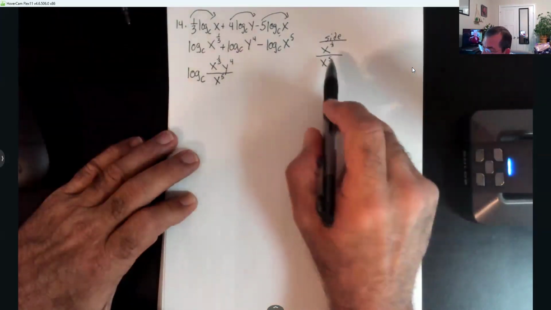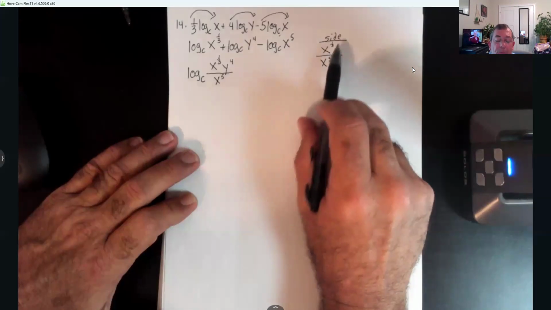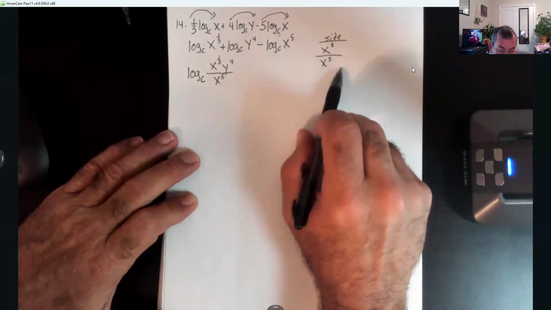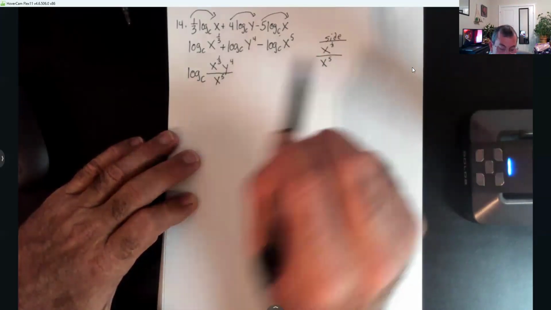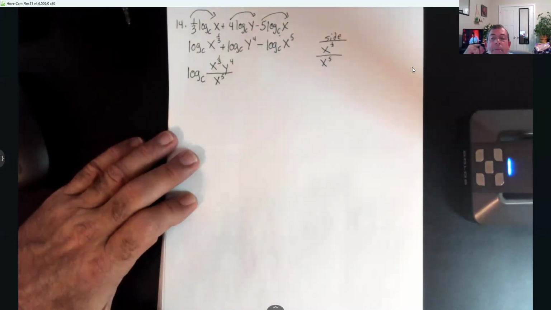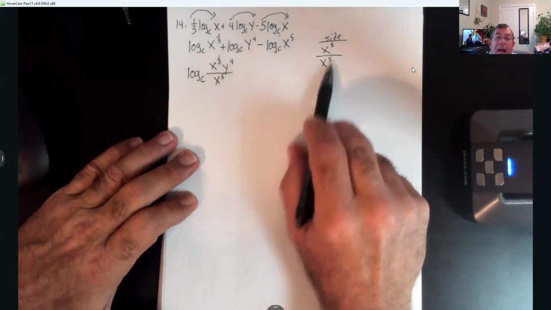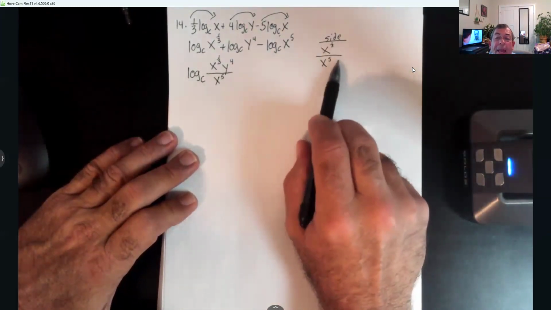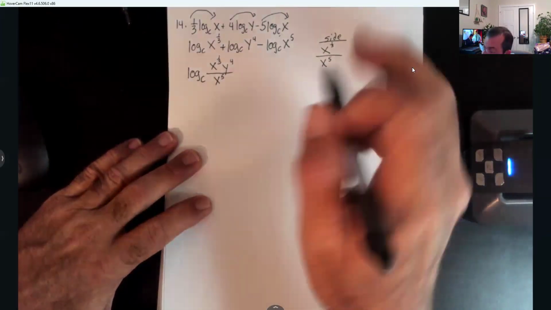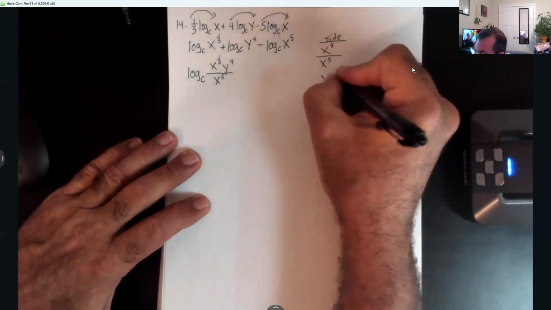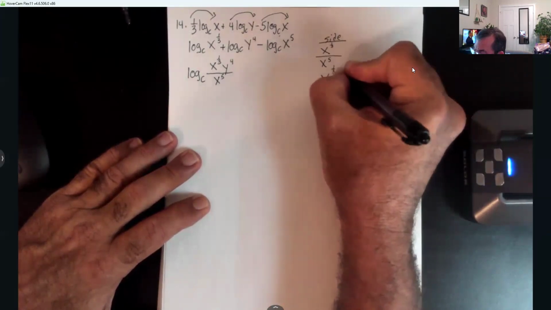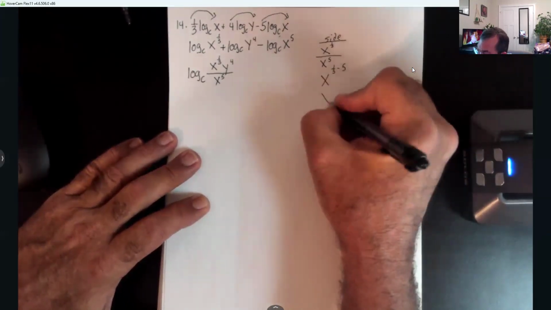Y'all, to simplify that, what am I going to do with these exponents? And that was in that support lesson, remember? When we're dividing variables, we subtract exponents, right? So that'll be, good job, x to the 1/3 minus 5.